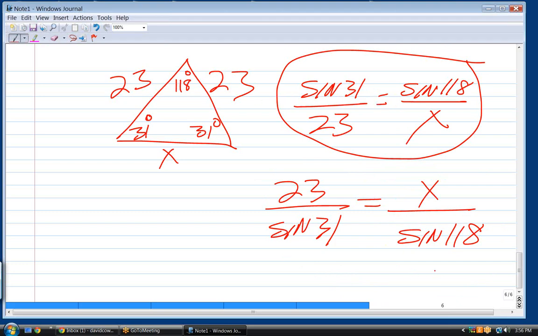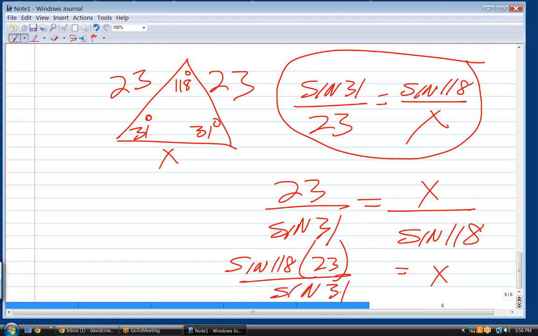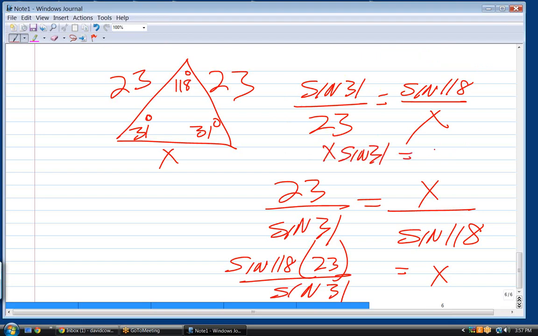In this case, x is equal to the sine of 118 times 23 divided by the sine of 31. One step. In this case, I'd have to cross multiply, and I get x sine of 31 equals 23 sine of 118. Then I have to divide both sides by sine of 31.